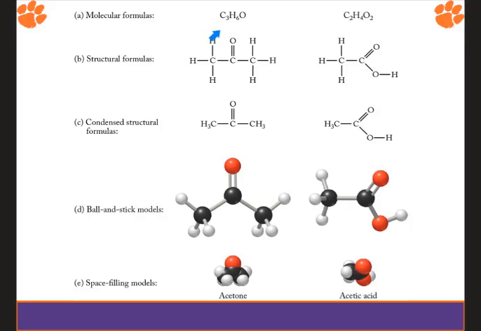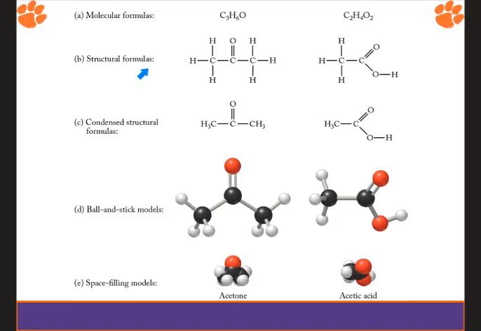Here we're looking at acetone, so it has 3 carbons, 6 hydrogens, and 1 oxygen. This doesn't tell you anything about how it's bonded together, who's next to who. This just tells you what atoms and how many of each there are. Over here we've got acetic acid, which is the primary component in vinegar. It has 2 carbons, 4 hydrogens, and 2 oxygens.